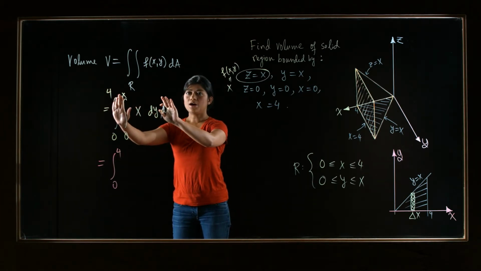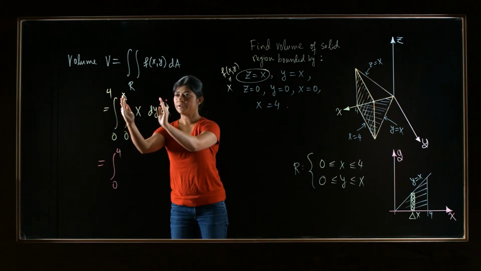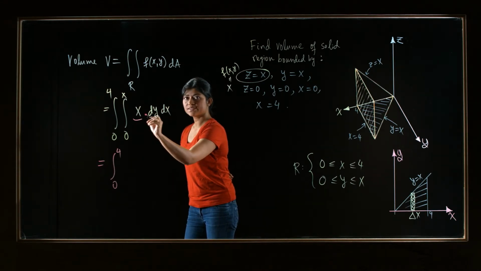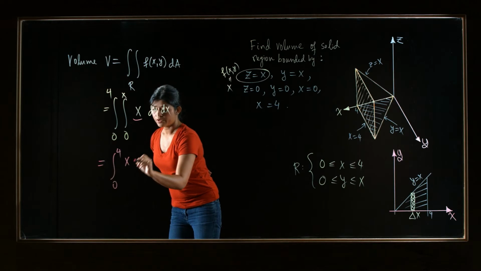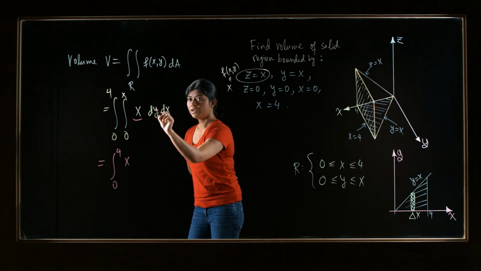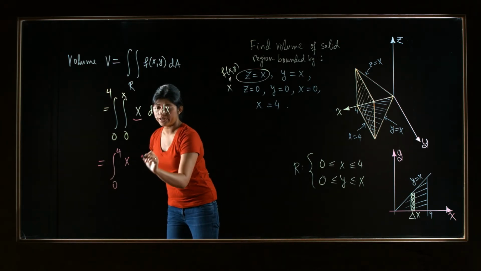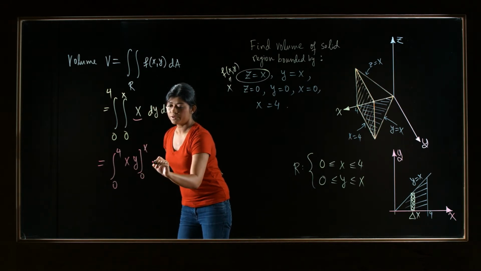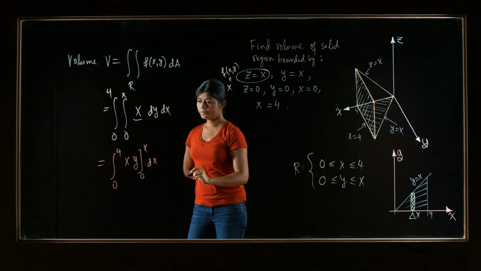So ignore the outer integral and just evaluate the inner one. Remember, this is in terms of y, which means x is a constant. So x, write it down by itself, and the antiderivative of dy is just y. Evaluate from 0 to x, dx.